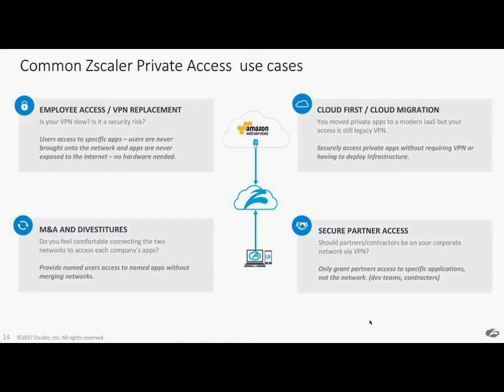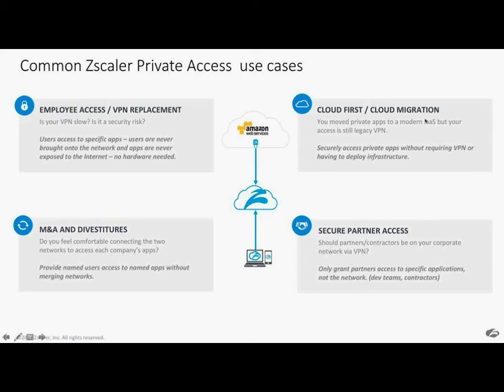So multiple use cases exist. This isn't just about providing my employees access and replacing my VPN to give me a greater security posture. Yes, it's absolutely there to provide my employees access to individual applications without exposing those applications to the internet.